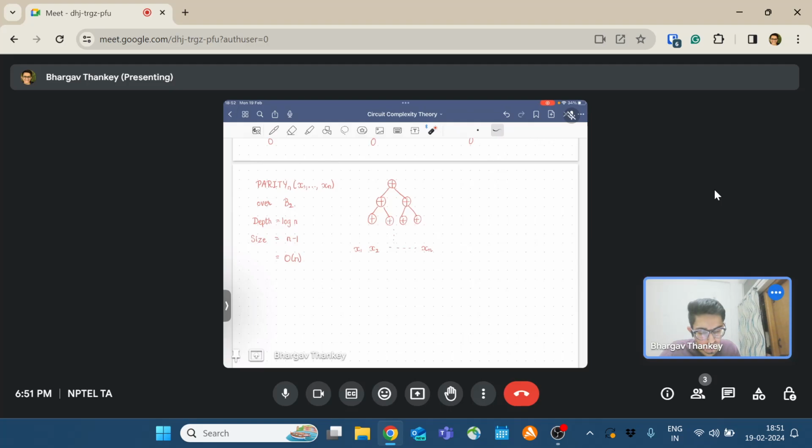Because I know a small circuit for each and every one of these parities: (x or y) and (not x or not y), right? I can plug that in here, and this would give me a circuit of size order n over the De Morgan basis, right?